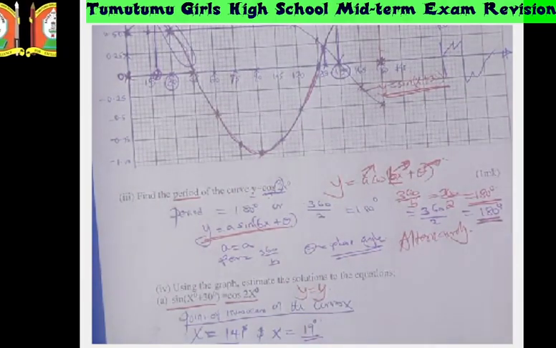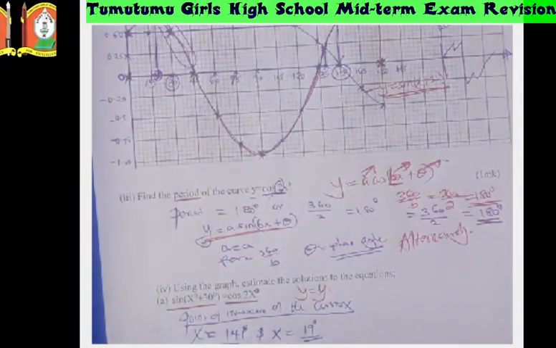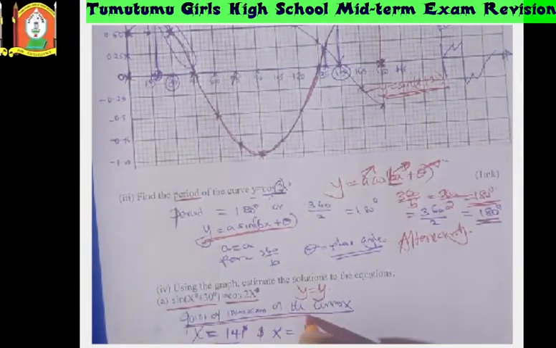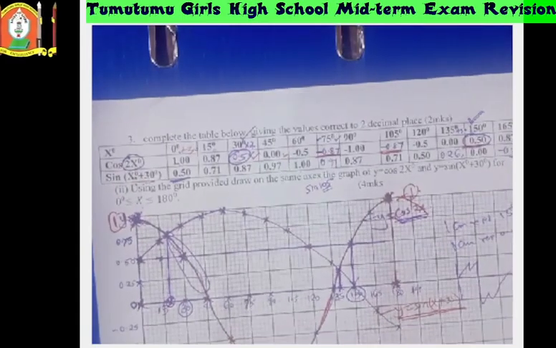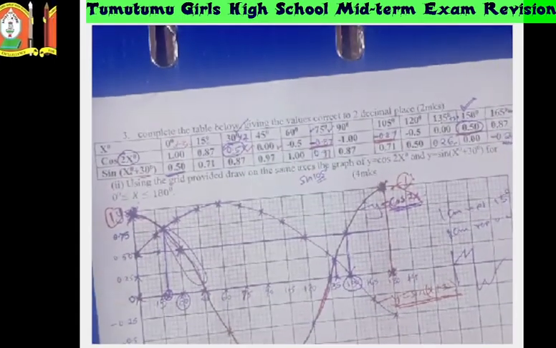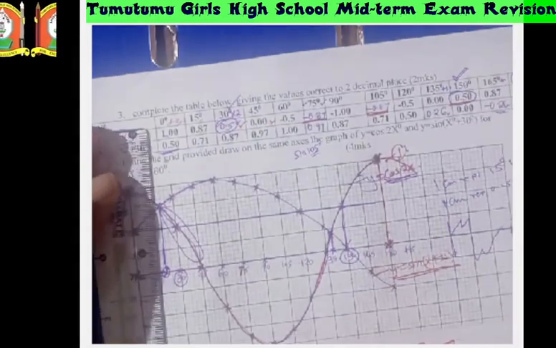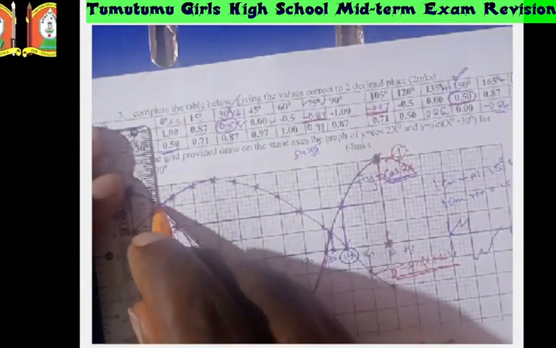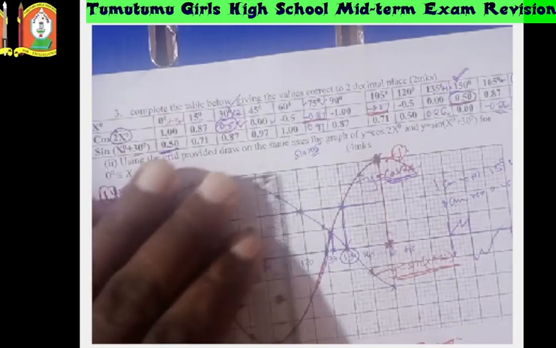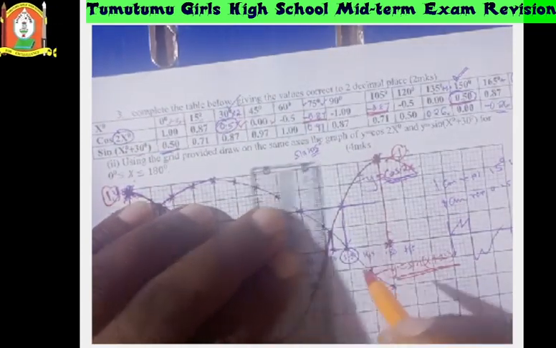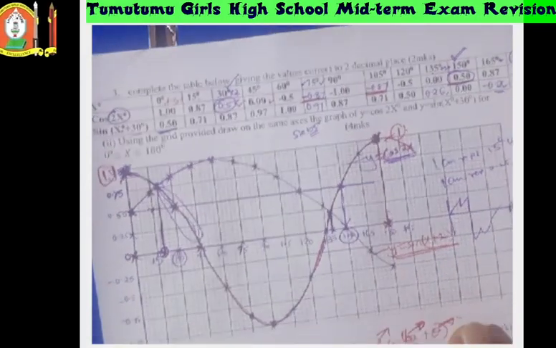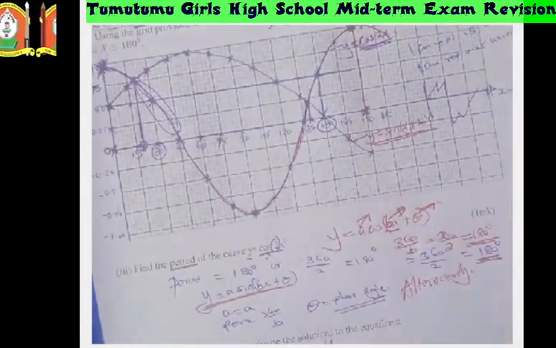So we look for the points of intersection of the two waves. They intersect at this point here. They will also intersect at this point. So what are the values of x where they intersect?